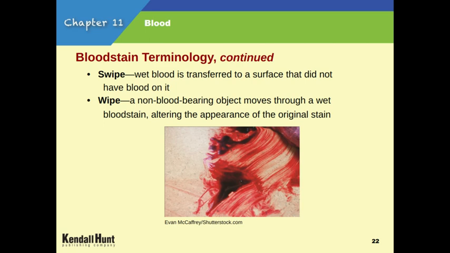Maybe I step in it, my foot slides. Okay, so an object, my foot, is moving through that wet stain. Or I take a towel and try to wipe up the stain. Okay, that's a wipe. A non-blood bearing object moves through the wet bloodstain, altering its appearance. Okay, swipes and wipes.